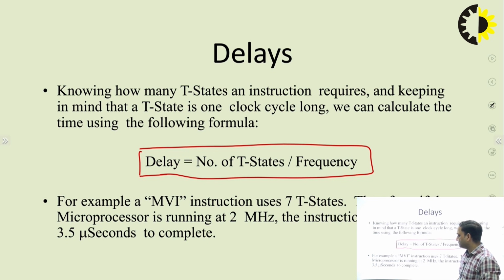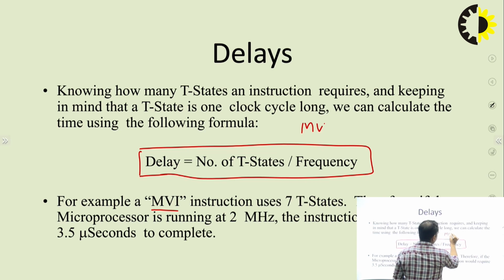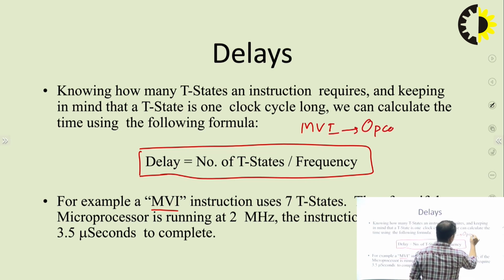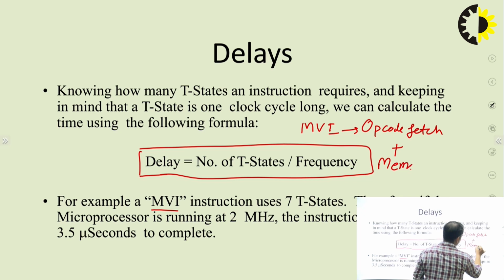Here the example is given for the MVI instruction, move immediate, which is the immediate addressing mode. This instruction requires 7 T states. The MVI instruction combines opcode fetch plus memory read.